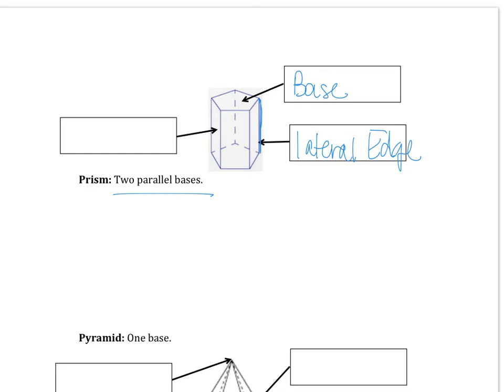And then this side right here, so that rectangle, I could even look at this front rectangle. Those are called lateral faces. So again, a prism has two parallel bases, so kind of like this top and this bottom. And along with the top and the bottom, it has lateral faces, and each of those lateral faces are connected with those lateral edges.